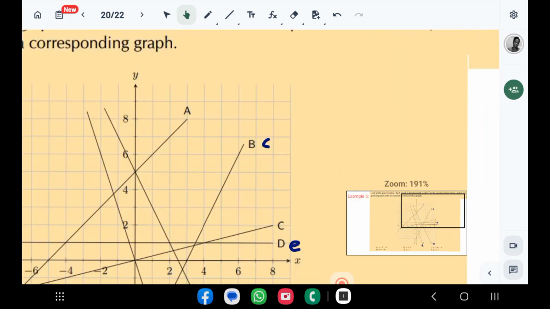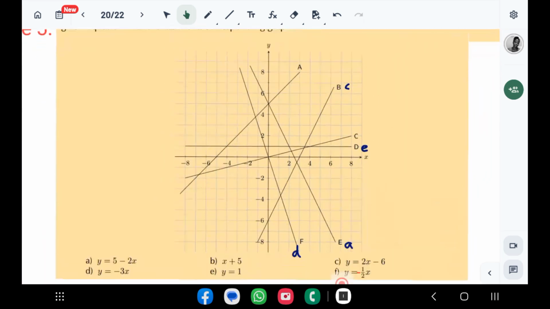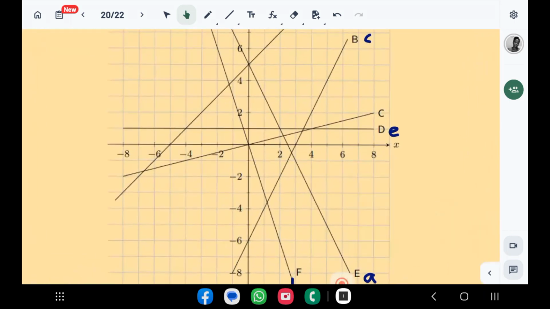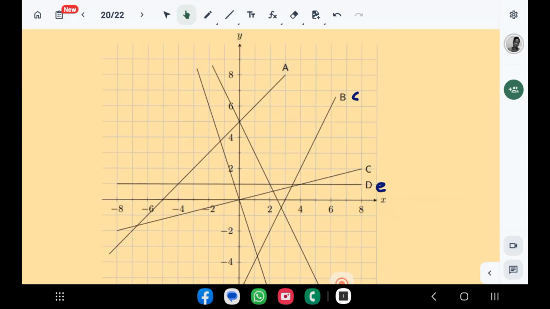Let's see what the other ones are. Okay, so we're left with C and A. Alright, A has got a y-intercept of 5. And let's see what the gradient looks like. You go 1 down, okay, from here, 1, 2, 1, 2.